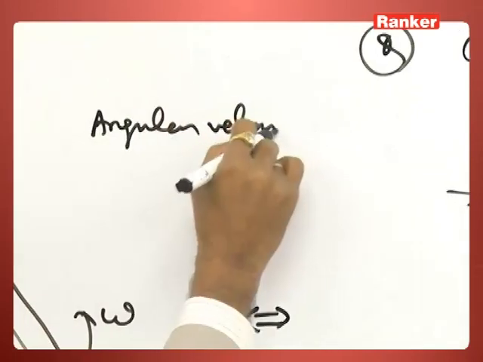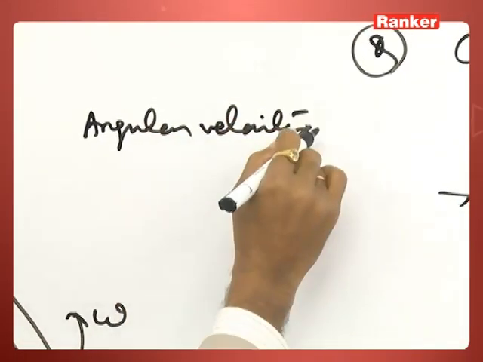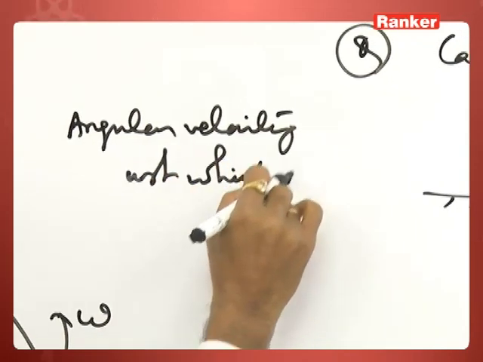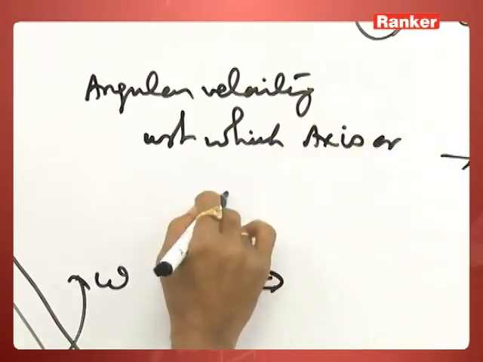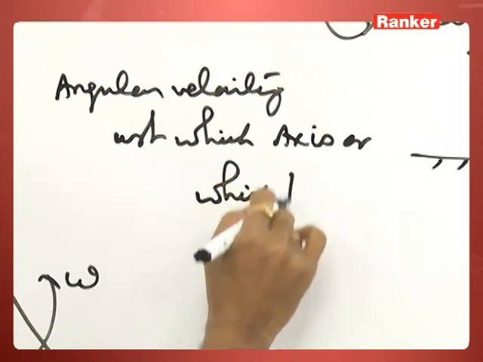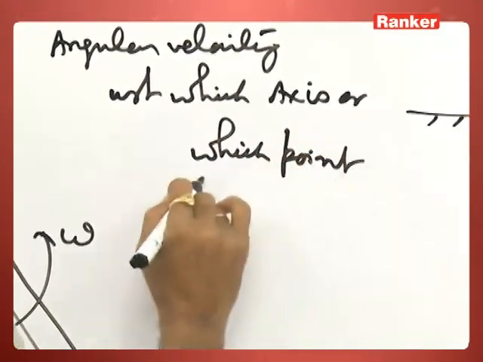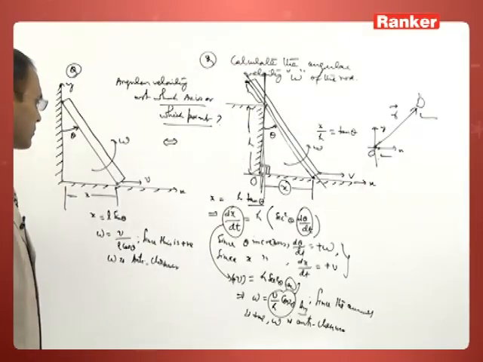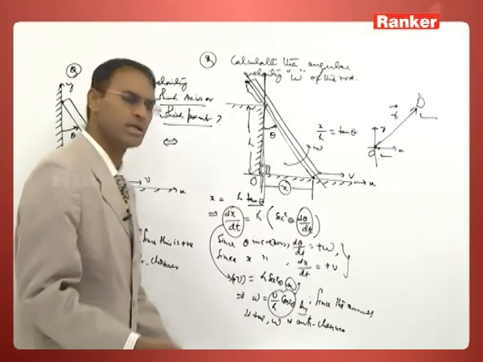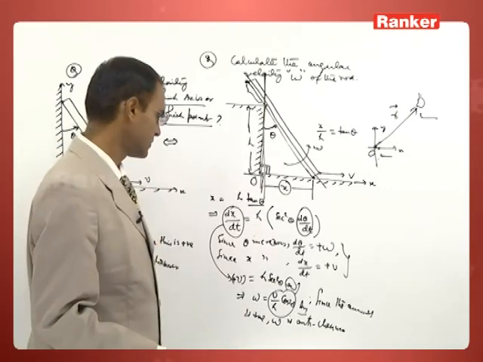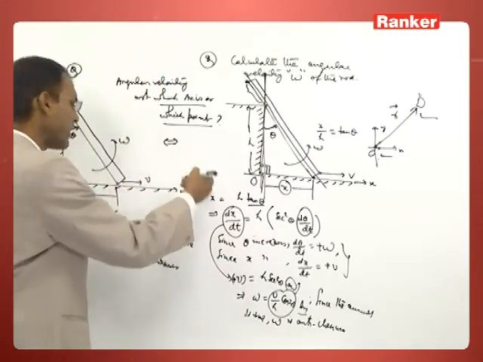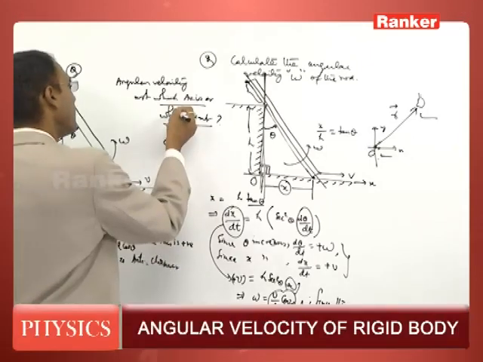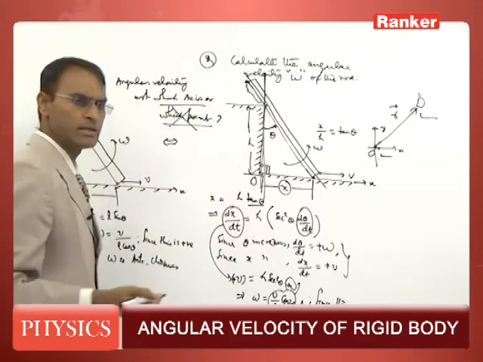Angular velocity with respect to which axis or which point? Angular velocity does not depend upon any reference point. Therefore, about which point doesn't make any sense.